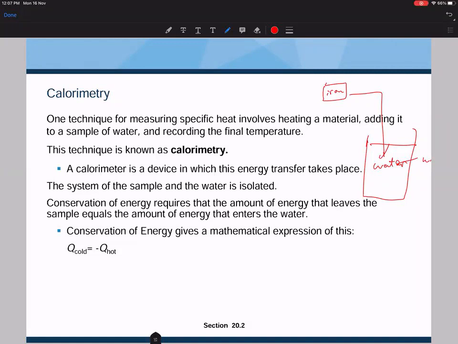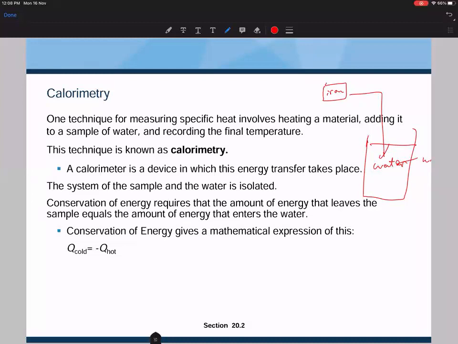And so in this way, if we know the specific heat of water, and by measuring the temperature change of the iron before and after putting into the water, then we could calculate the specific heat of the particular material, say in this case, the iron.